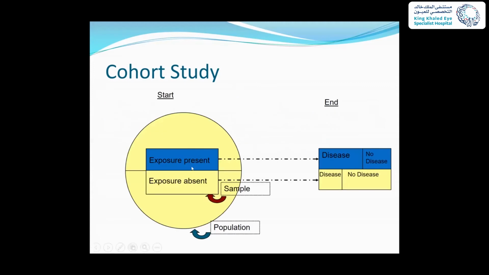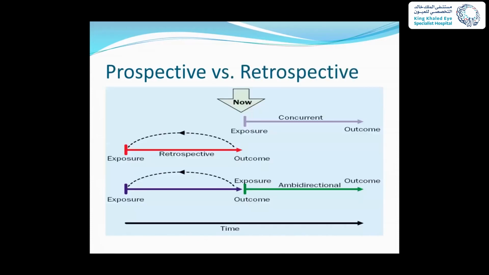As you see here, the exposure is present versus absent, and we will follow up with them to see who will develop the disease and who will not, in the exposed participants and in the non-exposed participants. The cohort study will allow me to really measure the incidence of disease. This is the only study design that will allow me to measure the incidence of disease.